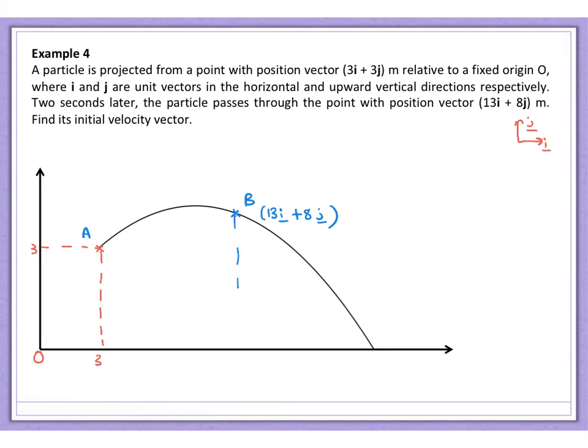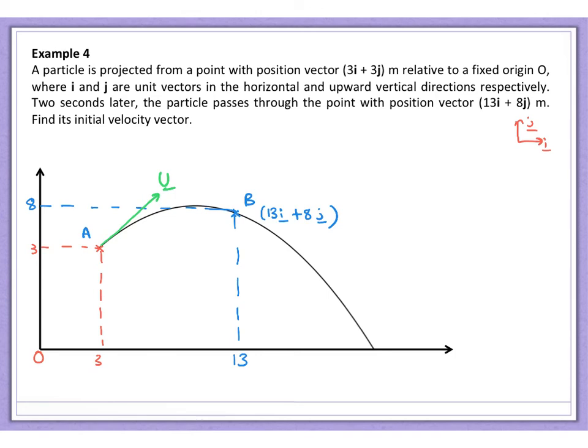So if we were drawing these as coordinates, this would be 13, and up here, this would be 8. Find the initial velocity vector. So there must be an initial velocity projection, which we will, for the moment, refer to as U, capital U, vector underlined.